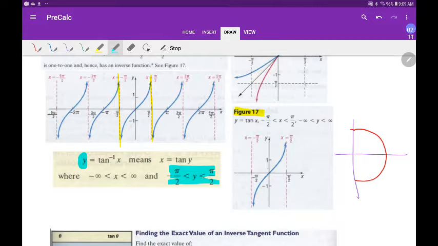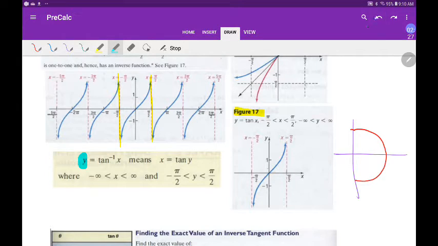And so our range, we have to say our range is unlimited, okay, because as you can see, it goes up here and it goes down here a long time. So the range is unlimited.